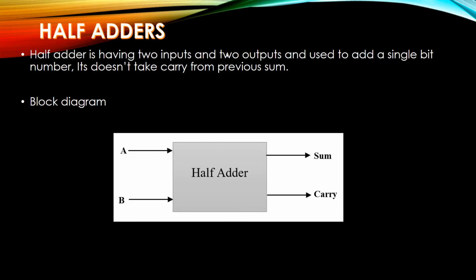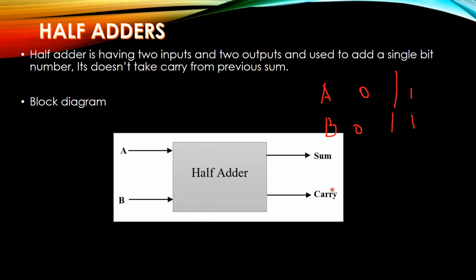For example, A is equal to either 0 or 1 and B is equal to either 0 or 1. I label the inputs as A and B and I need two outputs. They are called sum and carry.